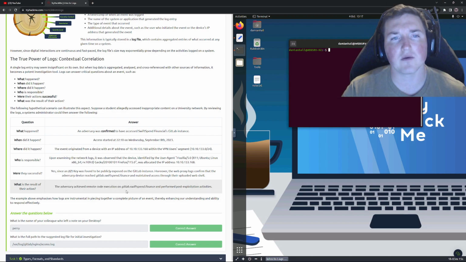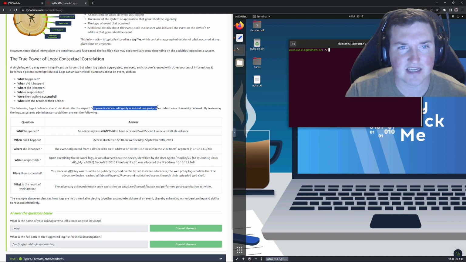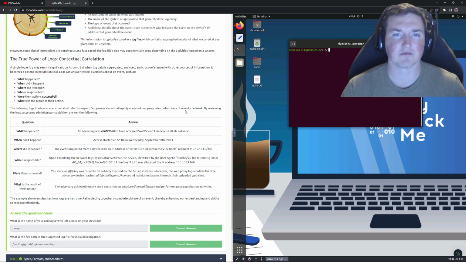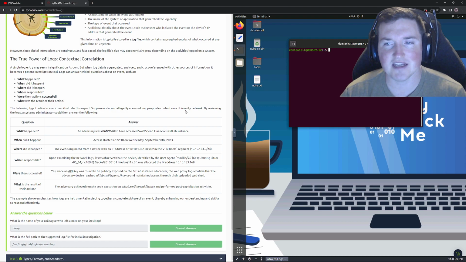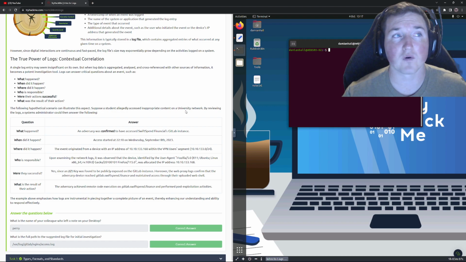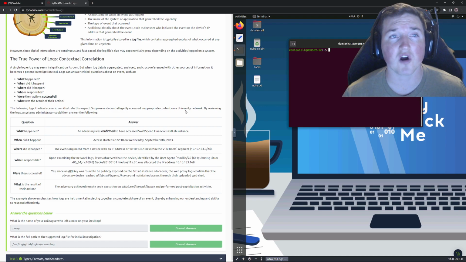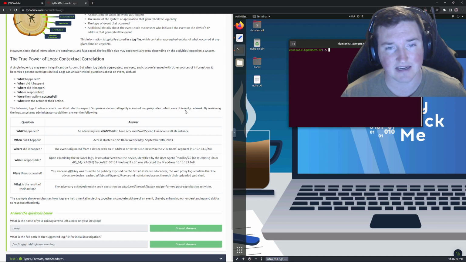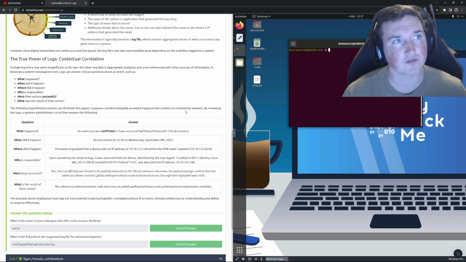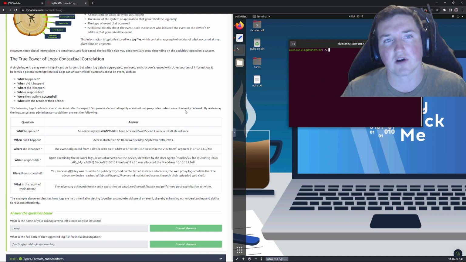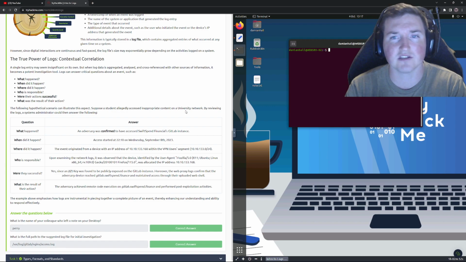So the one thing I will say, this is saying a student allegedly accessed inappropriate content. This is something, unfortunately, in my experience, I see more often than I actually see a fully successful attack from the outside. What I mean is I don't see insider threats all the time where people are literally trying to be malicious.